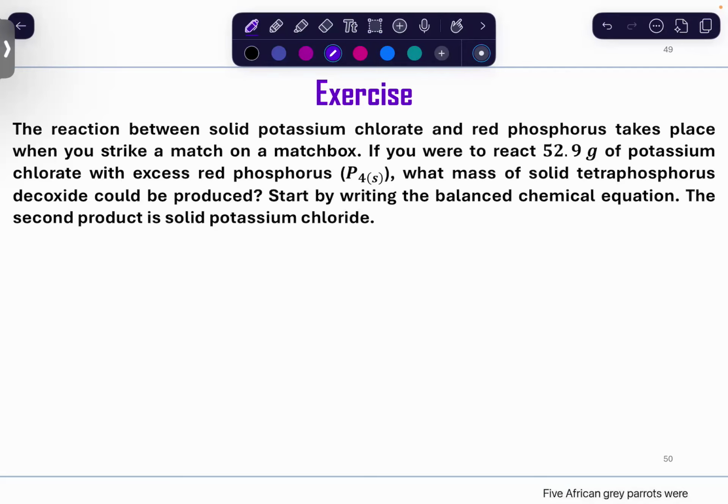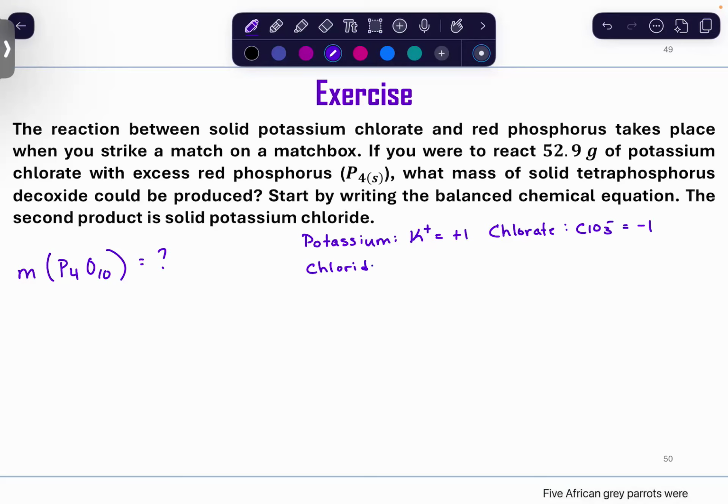So first off, we're being asked for what is the mass? And that gives you one of them. So that's what we're trying to solve for. I know I have to start making my compounds to write this equation. So I'm going to remind myself. So that's my potassium ion. What about chlorate? That's one of my polyatomics. That's a -1. Chloride. So that's a -1.